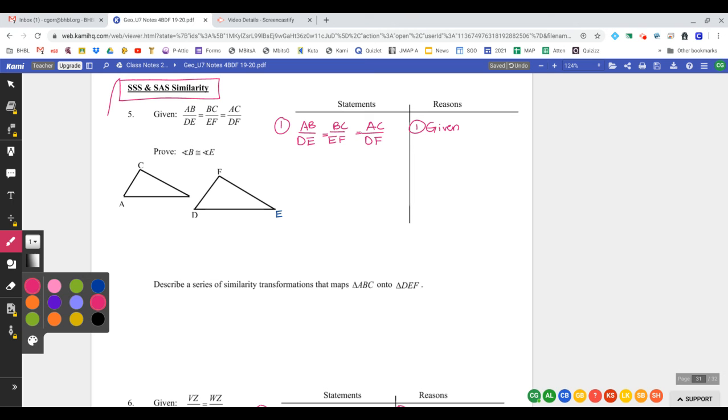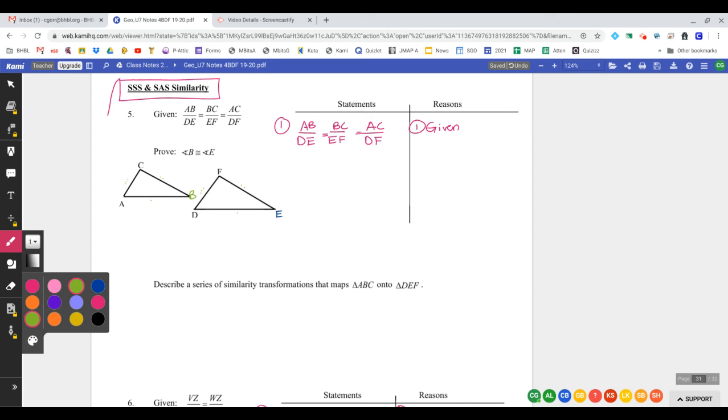So in number 5, we have a proportion. So AB over DE, so we have the bottoms of those triangles, is the same as BC over EF, so another set of corresponding sides, which is the same as AC over DF.